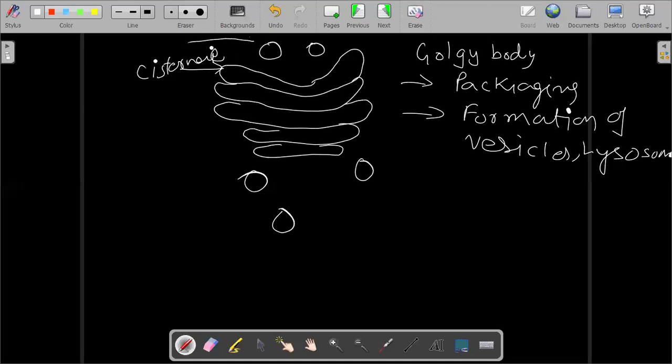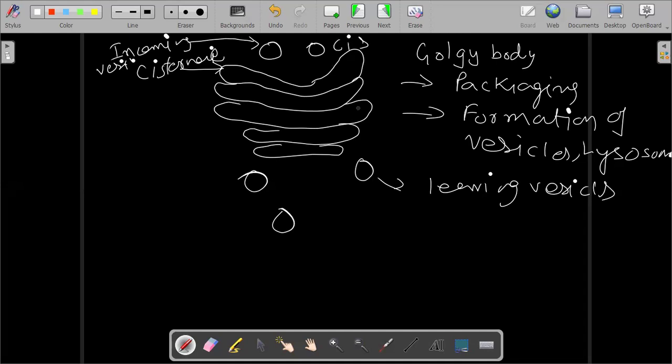These are incoming vesicles, and these are the leaving vesicles. So this appears to be the cis face, and this appears to be the trans face of the Golgi.